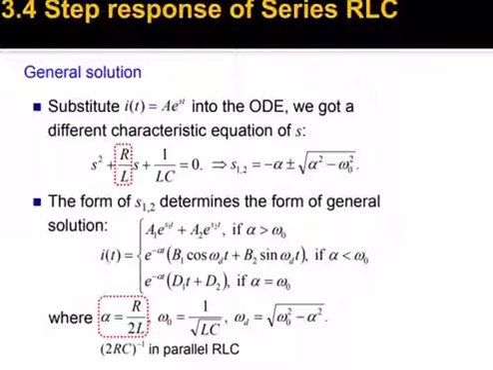So remember that these are the three general solutions for the overdamped, critically damped, and underdamped cases. And since this is a series RLC circuit, your alpha is R over 2L, while your omega naught is equal to 1 over square root of LC. If you have a parallel RLC, then only your alpha becomes 1 over 2RC.